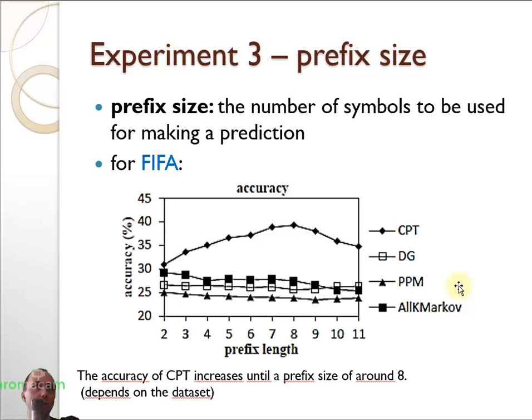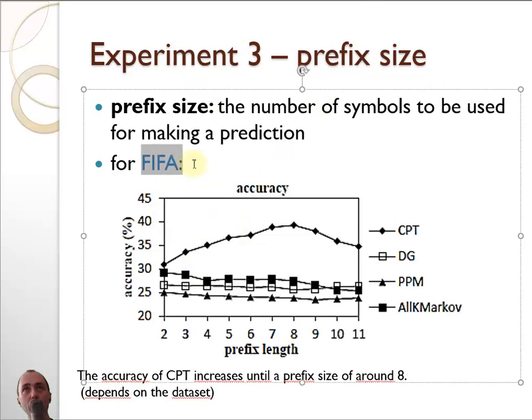We did another experiment using the CPT model. We want to see how many events we should use to do the prediction. So this is what we call the prefix size. That means how many events before to predict the next one. So here we have a chart on the FIFA dataset. If we look at two symbols to make a prediction, we have about 30% accuracy with CPT.